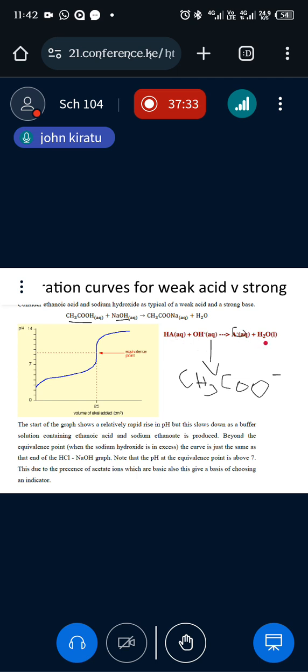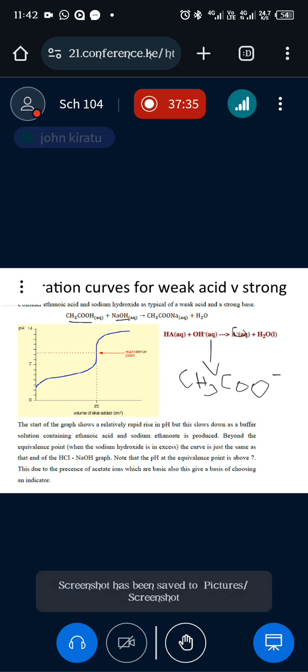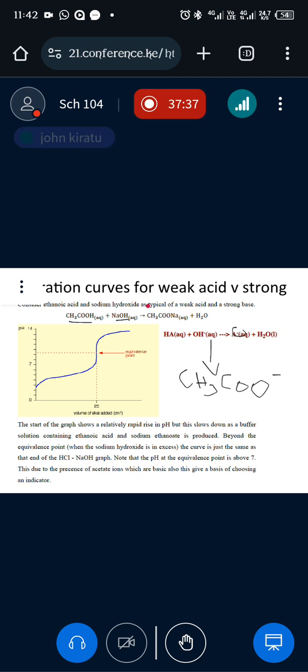Take note of that general rule. So the end solution here, the general formula is you take a weak acid plus a strong base, and you usually get a basic resultant solution.